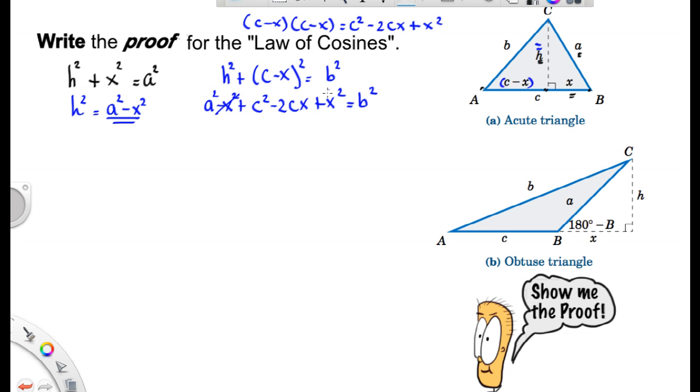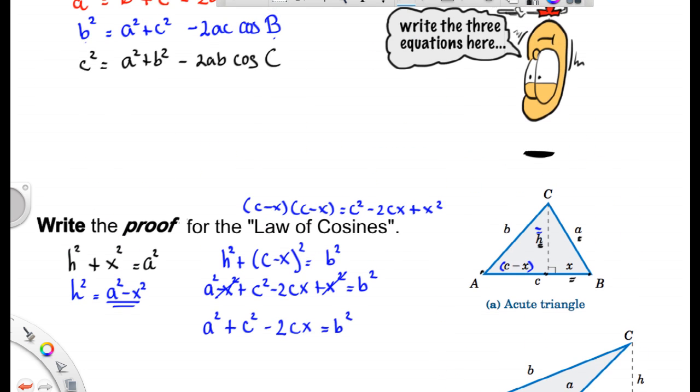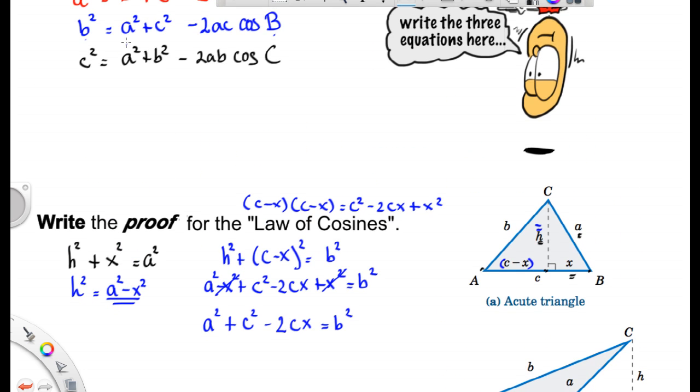Here's a negative x squared and a positive x squared, so they cancel. So I get a squared plus c squared minus 2cx, oh, forgot the 2, is equal to b squared. Well, that's pretty close to one of those. Which one is that? That's the second one, right? So b squared, got that.